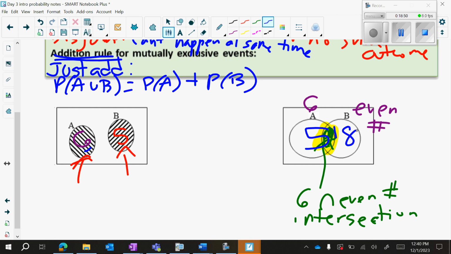But we can't just add the 18 plus 5 together, because if we added 18 plus 5, we would be counting these twice because they're already accounted for in the 18. So we have to do something different. We have to do 18 plus 5 minus the overlap, which is 5. And you end up getting 18 out of 36.